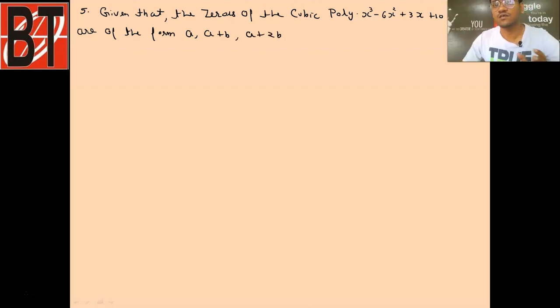Okay, so zeros are a comma a plus b comma a plus 2b for some real numbers a and b, where a and b are real numbers.